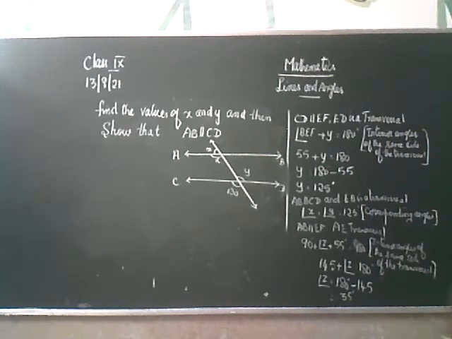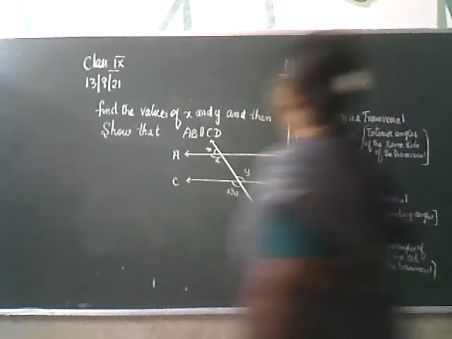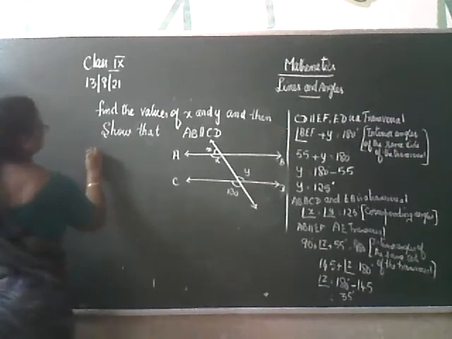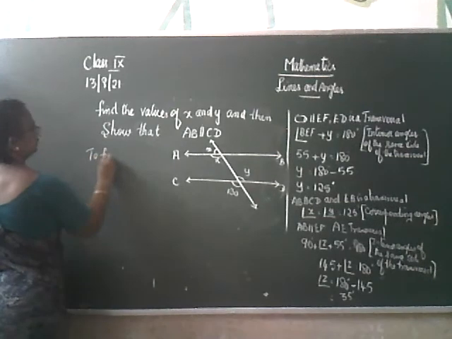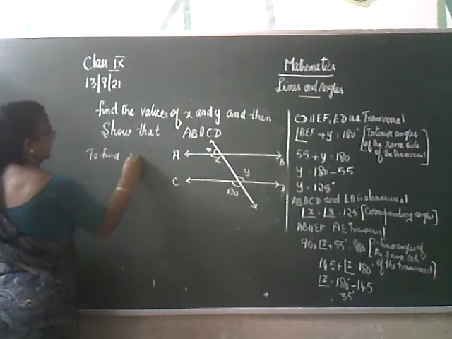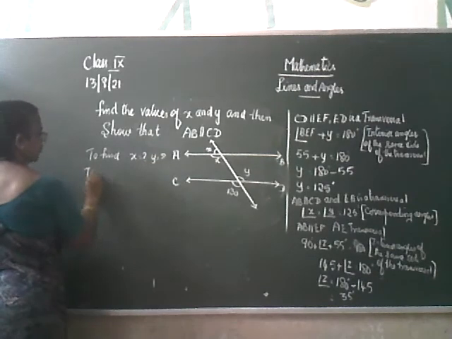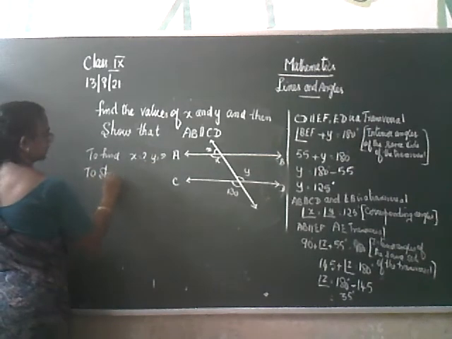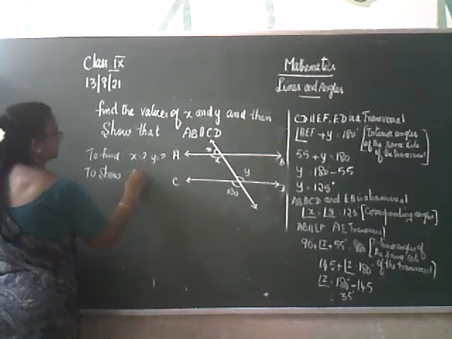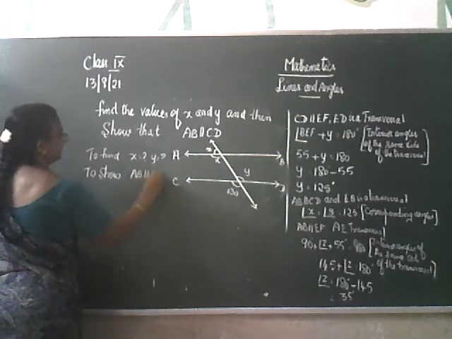Then you can say they are parallel to each other. So here you must find the value of x and y, and then show AB is parallel to CD.